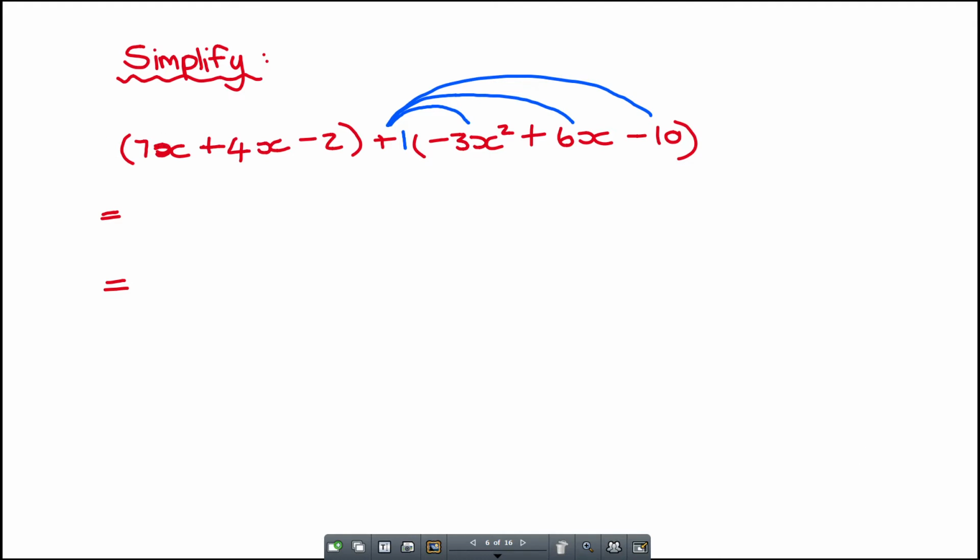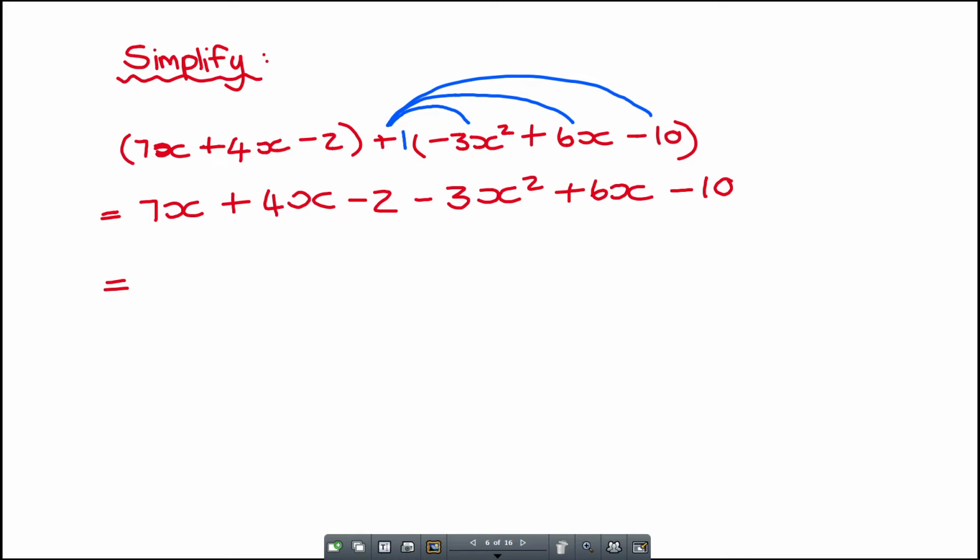So you're going to have 7x plus 4x minus 2, and now we multiply in. 1 times minus 3x squared will become minus 3x squared. 1 times 6x will just be 6x. And 1 times minus 10 will be minus 10. Okay. Now, we have got to look for like terms.